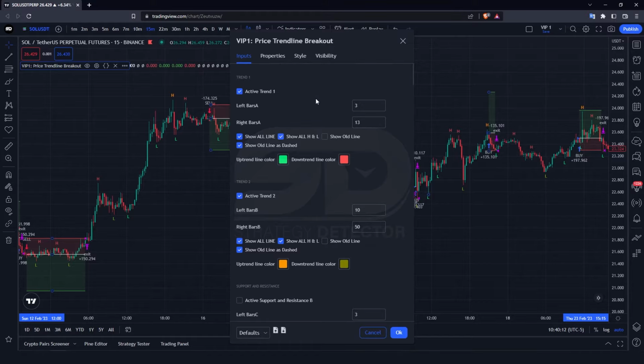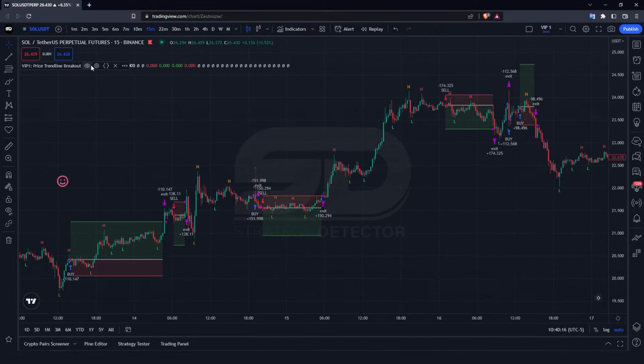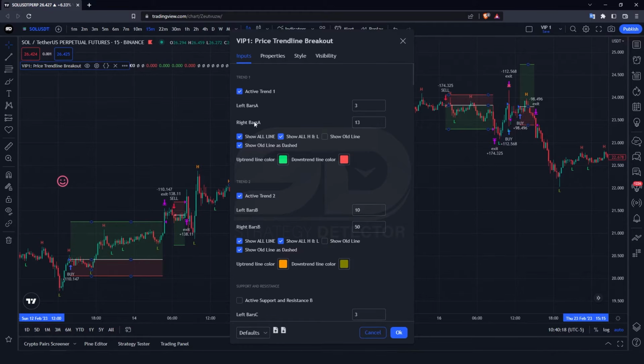The first input is only about the smaller trend line, and we're gonna observe what we have here together. We can show and define the smaller trend line using the left bar and right bar of a point. What we put here is completely changeable. I put these numbers, you can put whatever you want.